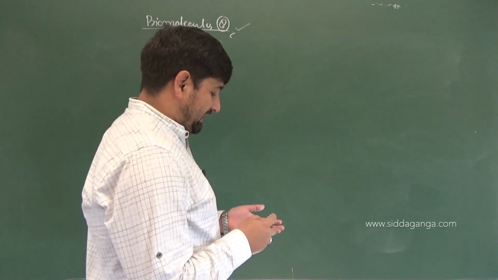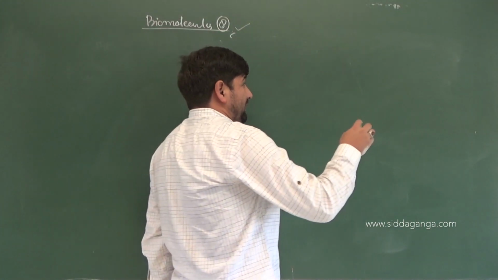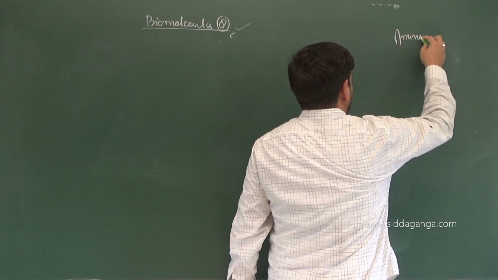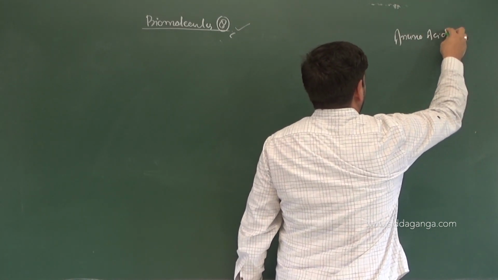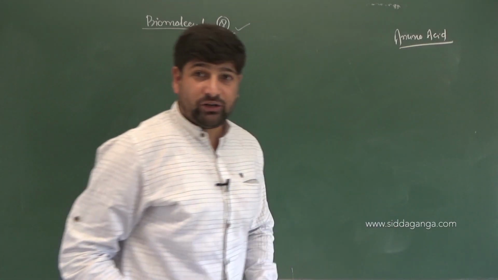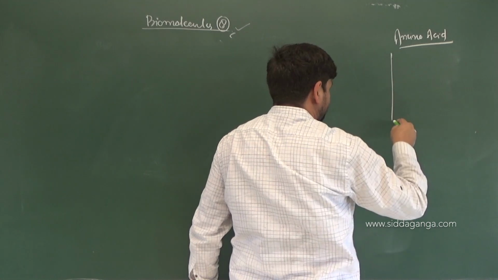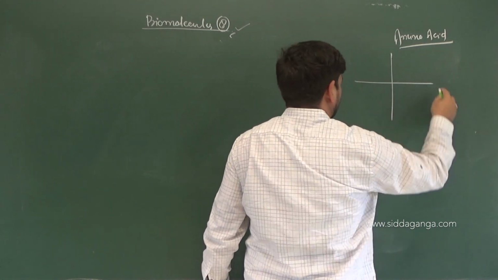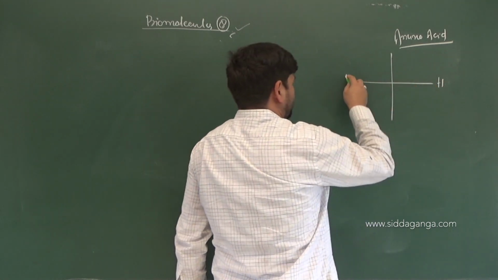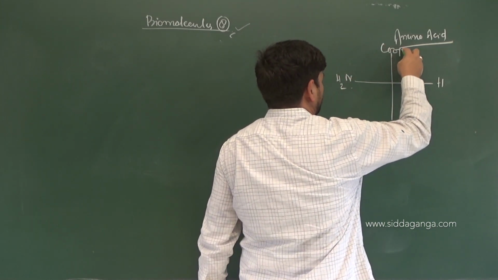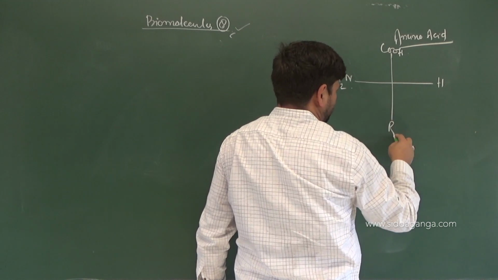So lastly, I would like to say, children, that whenever you are showing an amino acid, make sure the representation is like this. Here it should be hydrogen. On the left hand side it should be NH2. On the top there should be COOH, and at the bottom there should be the side chain.